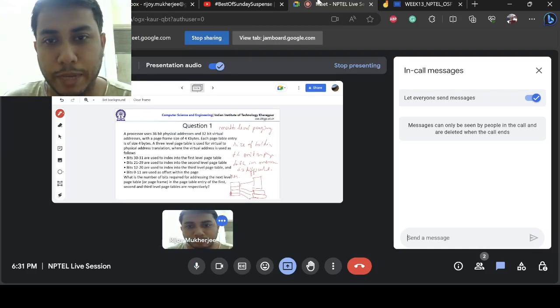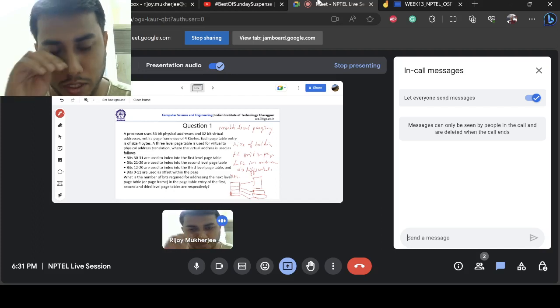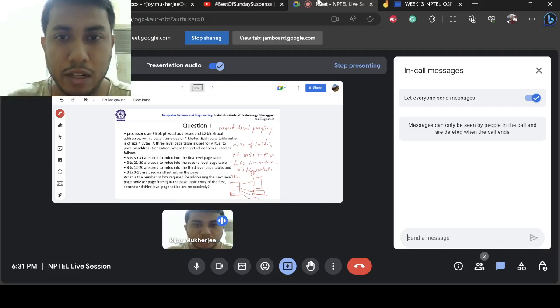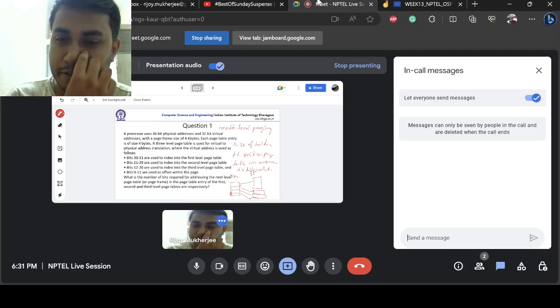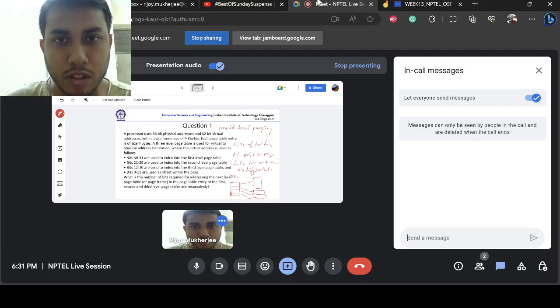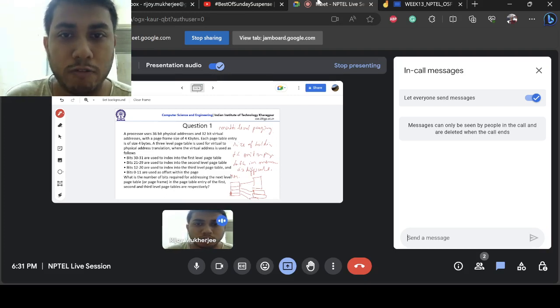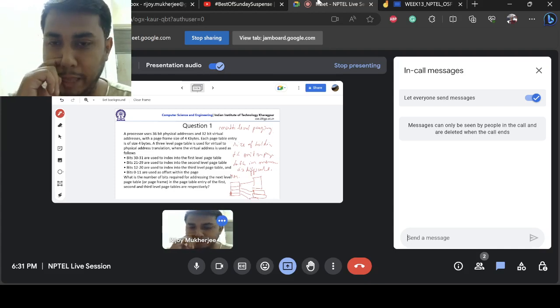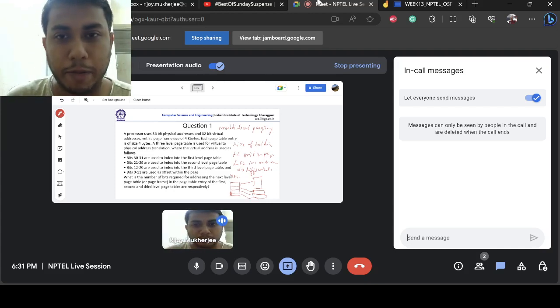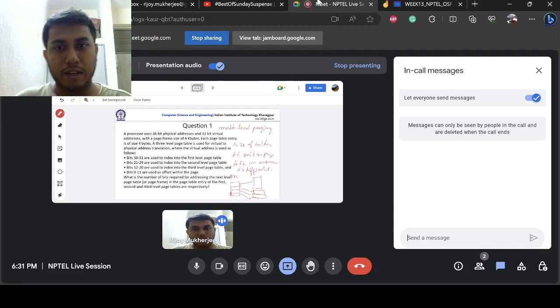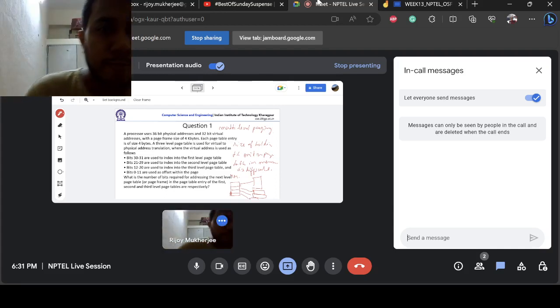Those page tables may or may not be present in the main memory. As and when required, we take them from the secondary memory and use them. That is what your multi-level page table is. So always remember, your first level of the page table will always be in the main memory. It has to be in the main memory, but the rest of the levels may be outside the main memory.